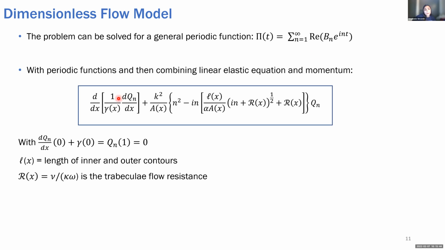And then when we follow through and substitute in, we have an expression or a boundary value problem in terms of the coefficient of the flow rate for the Fourier series. So we can take these coefficients and reconstruct. And again, like I was saying, we have our resistance term here and shear stresses.